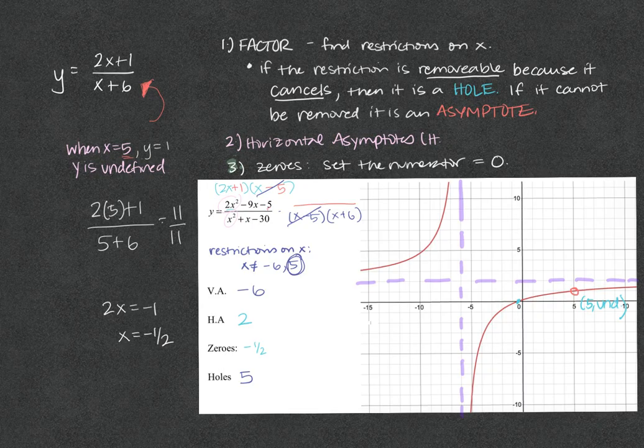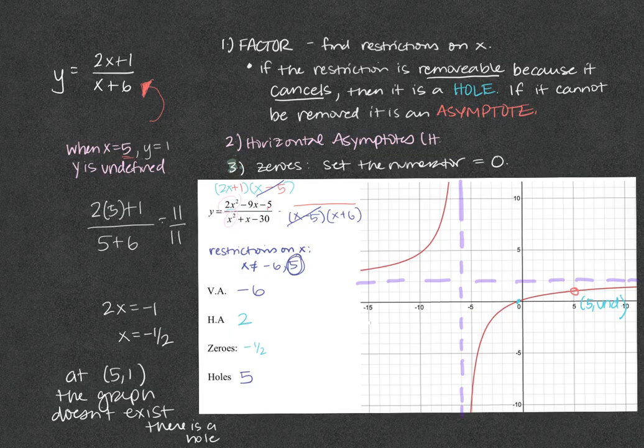So that doesn't mean that y actually equals 1. What that means is at 5, 1, there's a discontinuity. The graph doesn't exist. There's a hole in it. There is a hole.